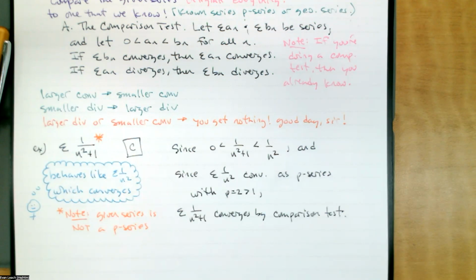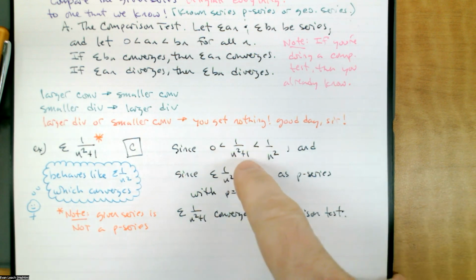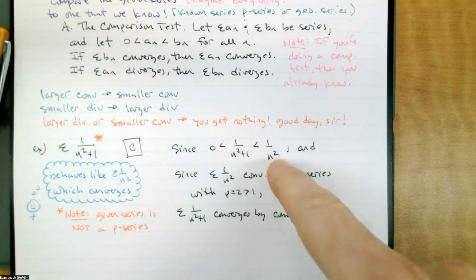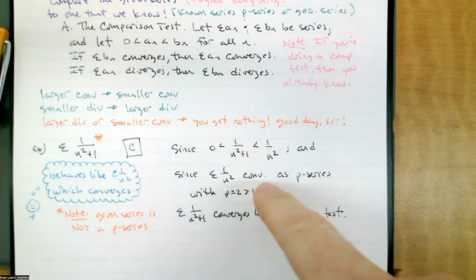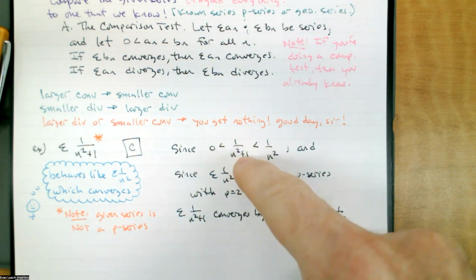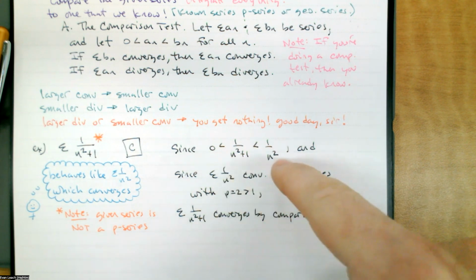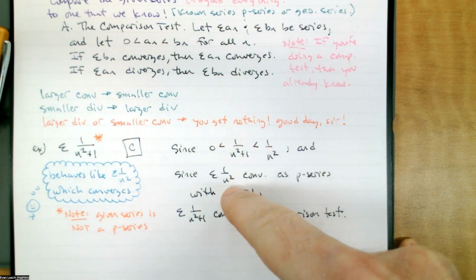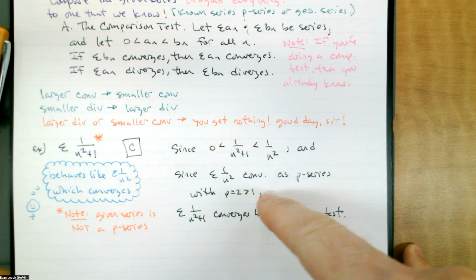To use the comparison test in a formal setting, we have to show two things. We have to make our two claims. First, the given series is smaller than something that we know converges. The terms of the given series are always smaller than the terms of a series which we know converges.